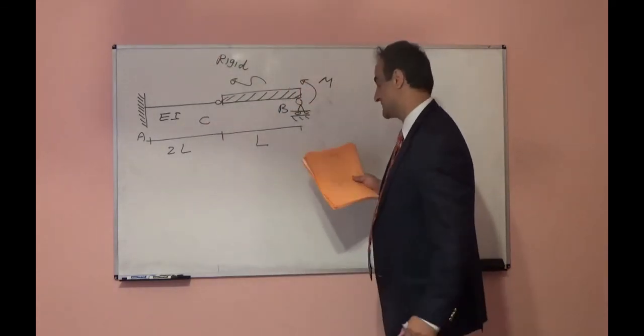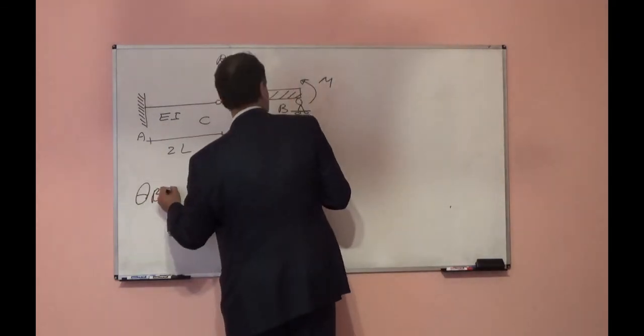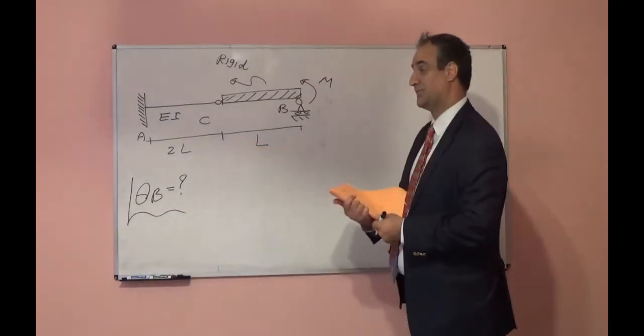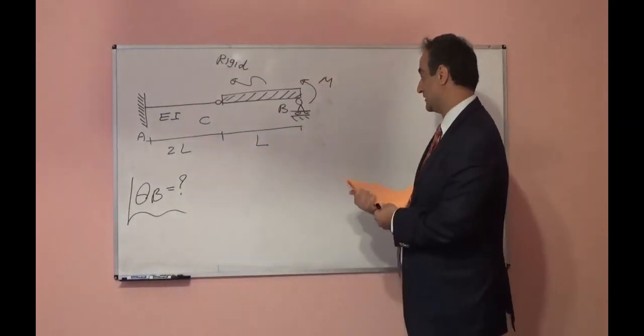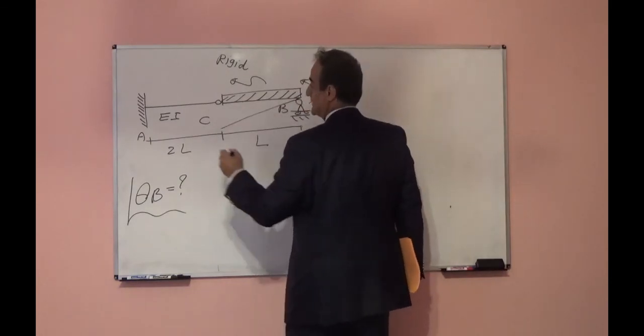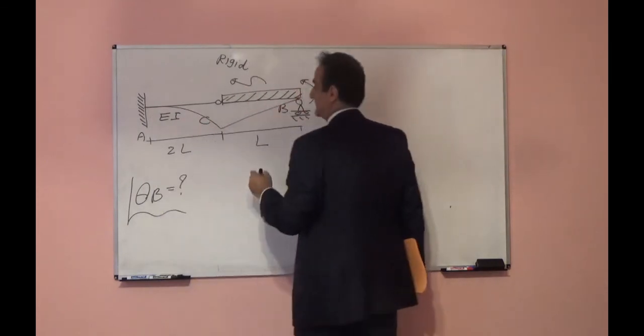The problem statement says find the slope at point B. How will this system deform? If I apply the moment, this BC part will rotate like this, and the AC part will bend like this.